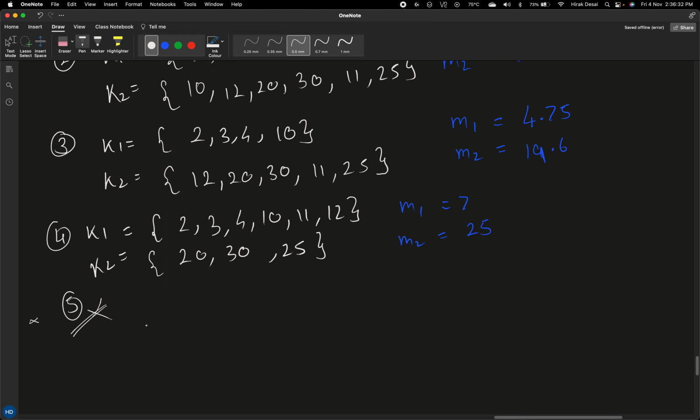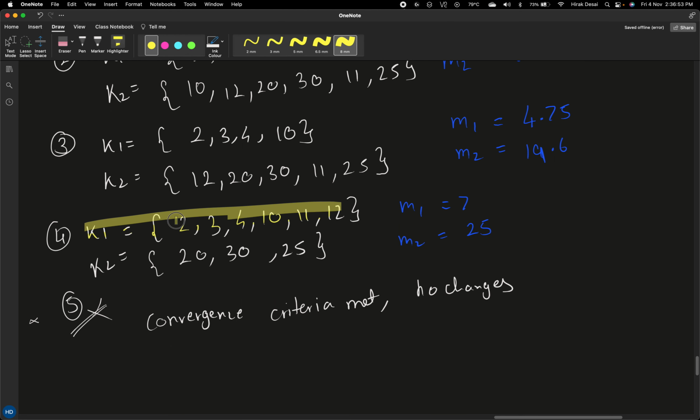So here we can go about saying convergence criteria met. That is, there are no changes anymore, hence these become our final clusters. These are our final clusters.